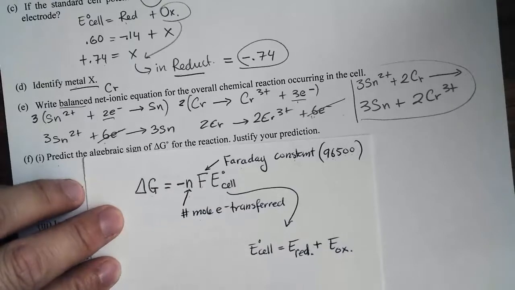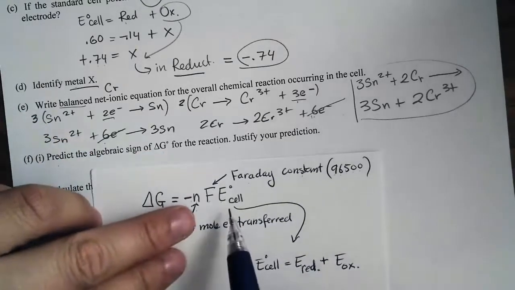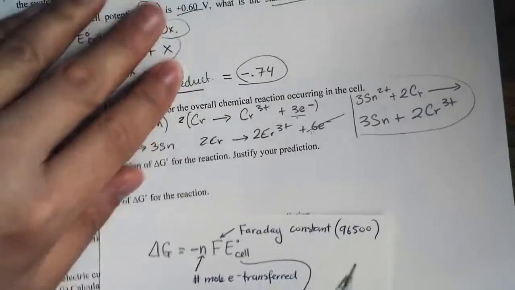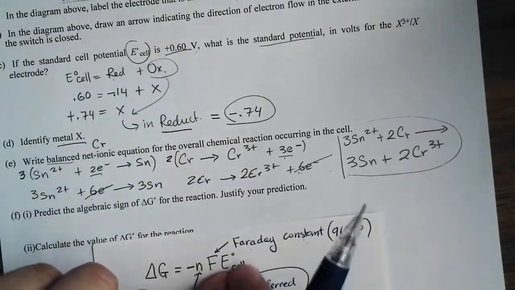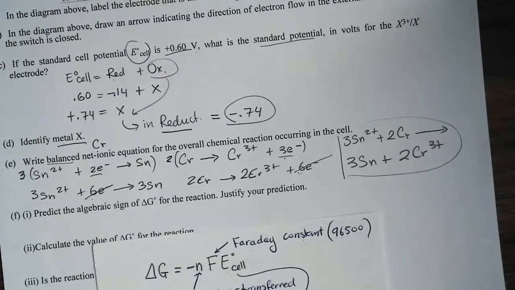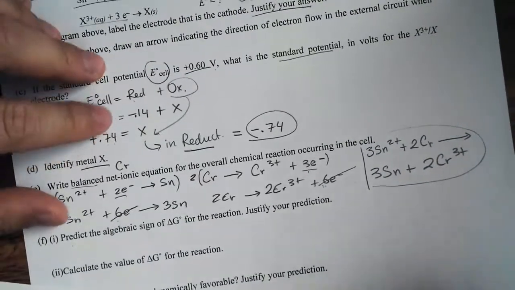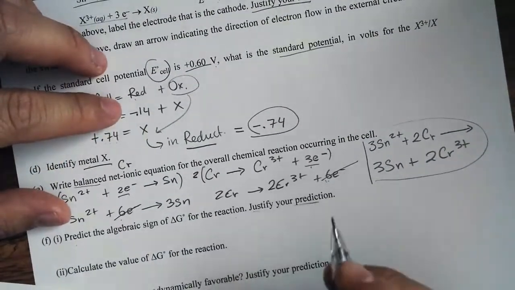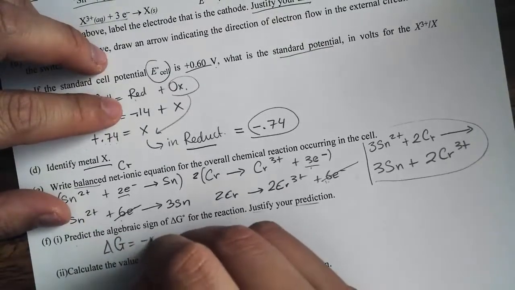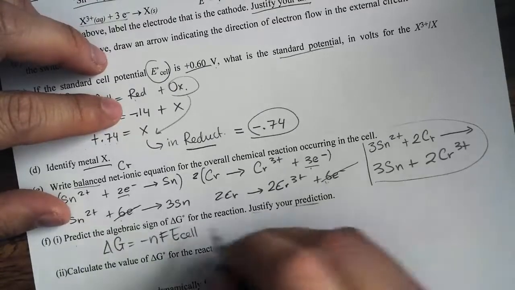But more importantly, if we just look for the sign of delta G, all we have to do is look for the sign of E cell. And it's given that E cell is positive. We take a positive times a negative. What's that going to give us? Of course, it's going to give us a negative. So that's pretty easy. We don't have to do any fancy problem. But it asks us to justify the prediction. So we just need to write out delta G equals negative n F E cell.